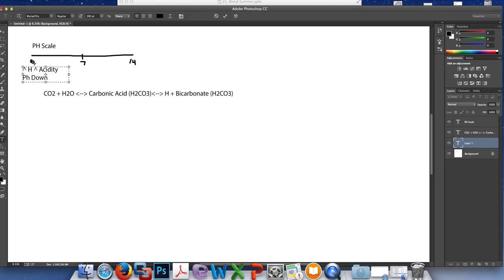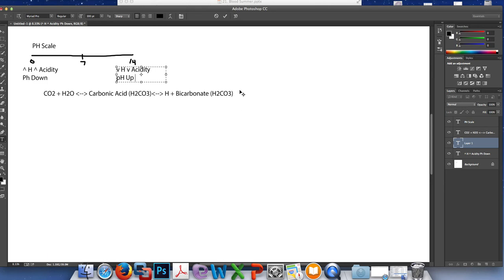It's closer to 0. At the same time, if we reduce the amount of hydrogen in our body, we are reducing the acidity of the solution, meaning that our pH goes closer to 14.